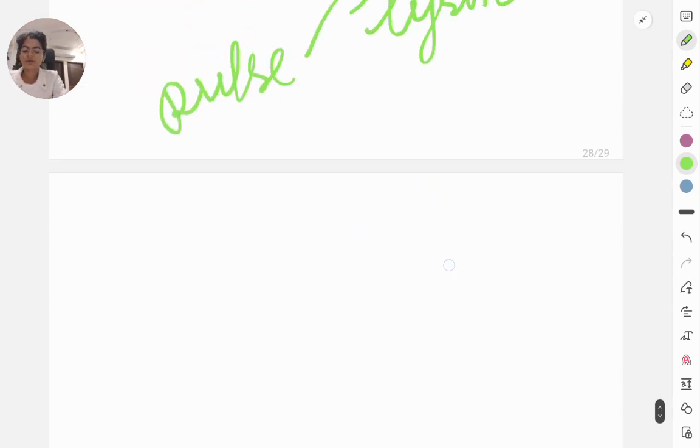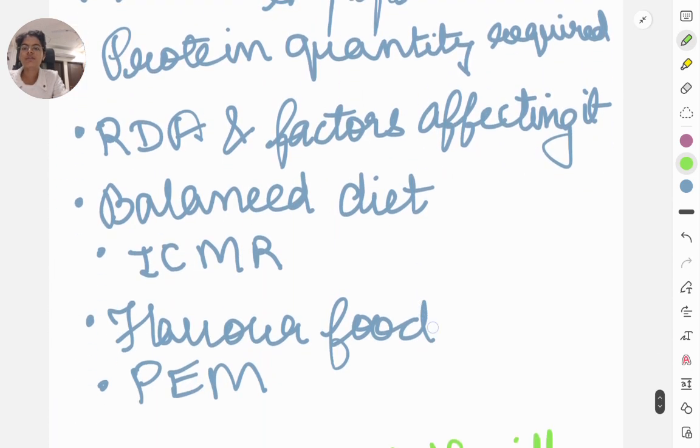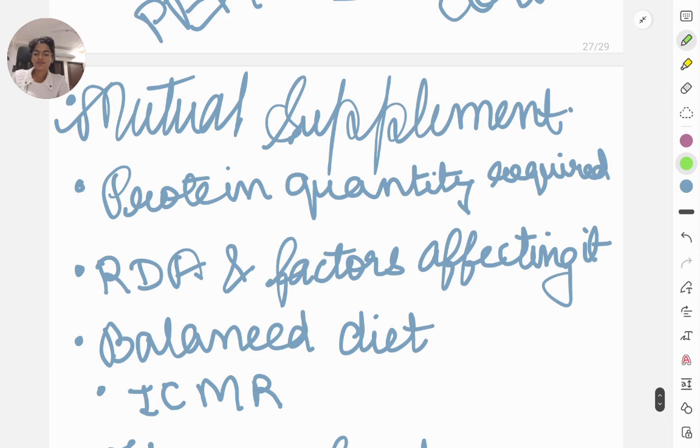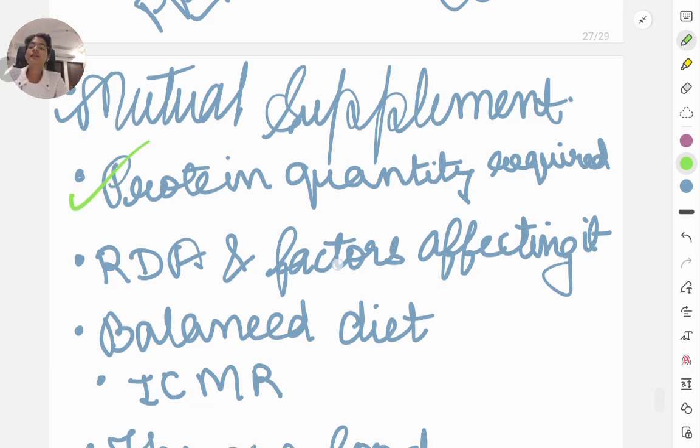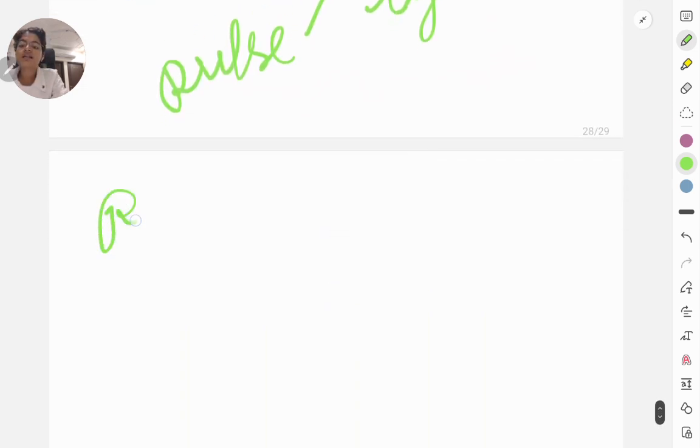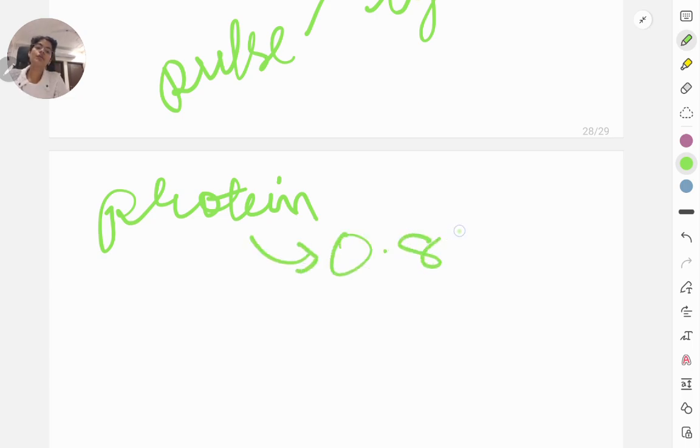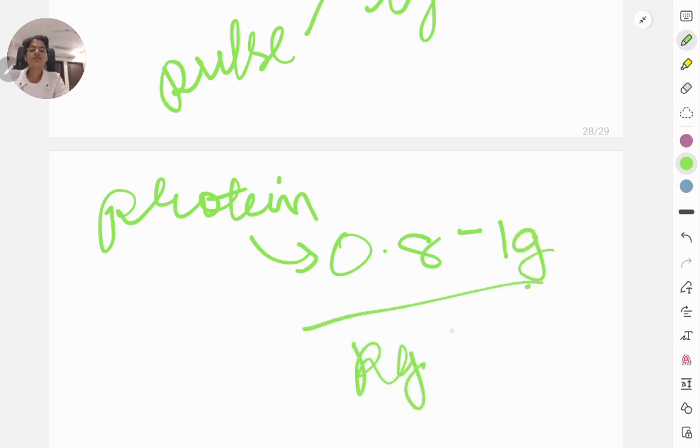Then comes, after the mutual supplement, how much protein is required? Protein in the case of an adult should be 0.8 to 1 gram of protein per kg of body weight per day.